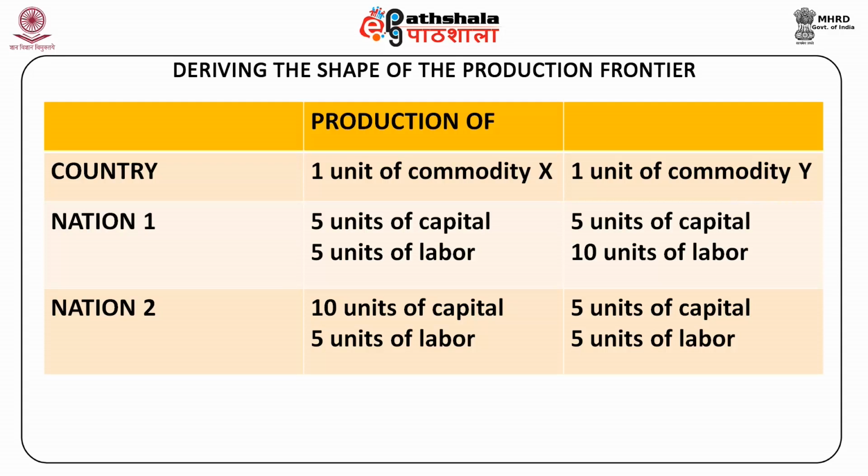To produce 1 unit of commodity X, Nation 1 requires 5 units of capital and 5 units of labor, whereas to produce the same 1 unit of commodity X, Nation 2 requires 10 units of capital and 5 units of labor. To produce 1 unit of commodity Y, Nation 1 needs 5 units of capital and 10 units of labor, whereas Nation 2 requires 5 units of capital and 5 units of labor.